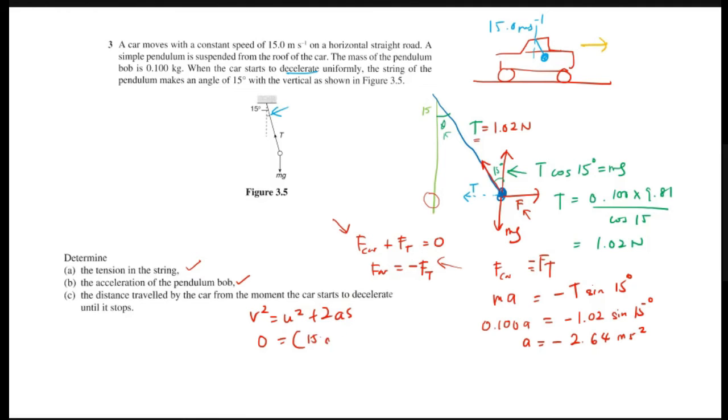So 0 equals 15.0 squared plus 2 times negative 2.64 times S, and you have 5.28 S equals 225, and S equals 42.61 meters. So the car travels 42.6 meters before it stops.